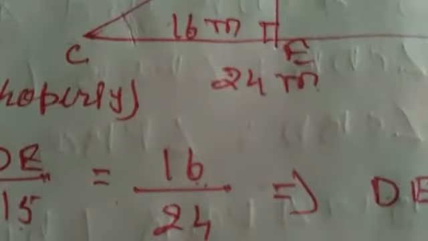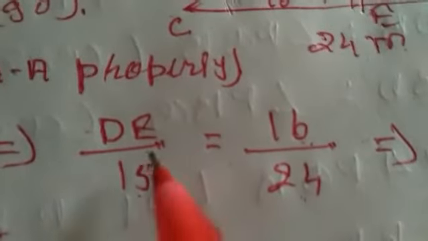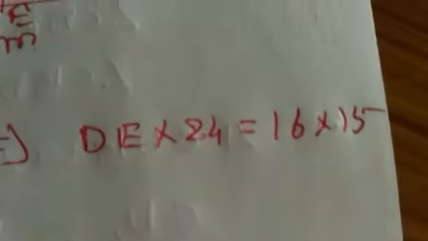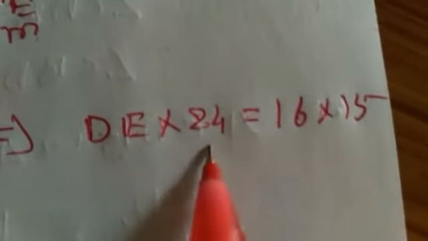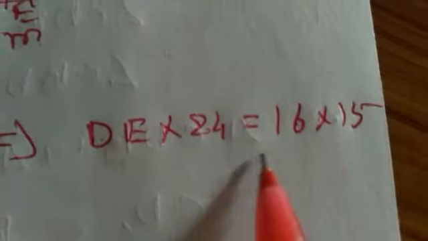So after substituting the values given in the question, we have DE by 15 equals 16 by 24. Now cross multiplying, we have DE into 24 equals 16 into 15.